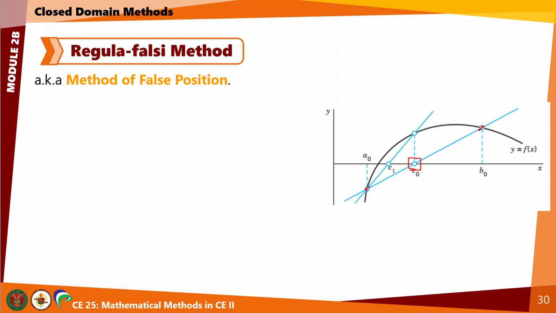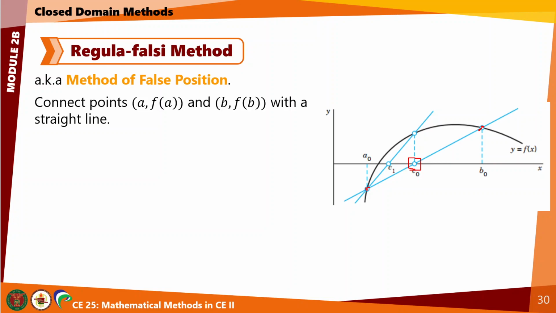Okay? So, paano sinasolve, sir? Yung C na yan, gamitan lang natin ng concept ng two-point equation of a line. Okay, so let's say yung point na to is si a and then f of a. Okay, and then itong point na to si b, f of b.